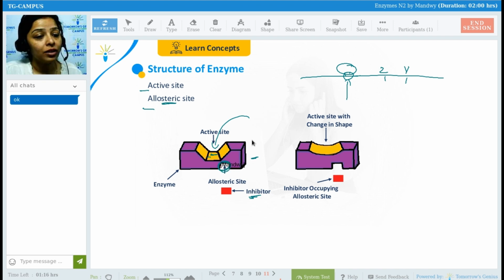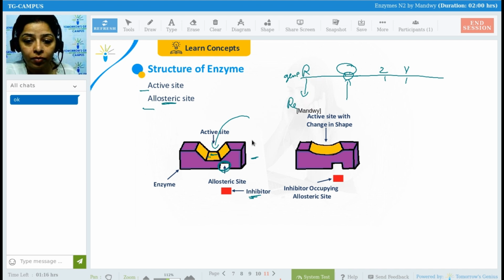This additional site is bound by the lactose. Here one of the genes is the regulatory gene, which will release the R gene, and this R gene will form a repressor, another type of protein.